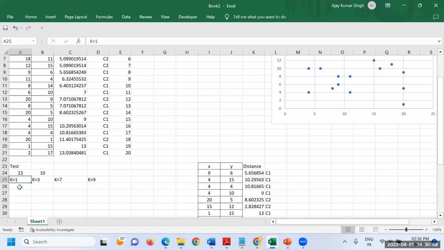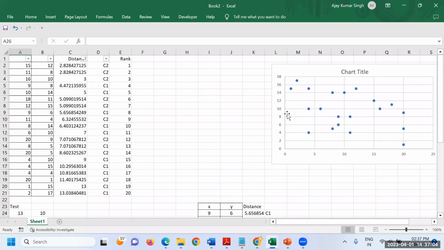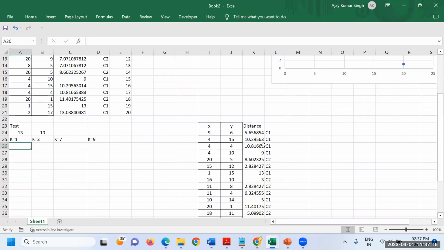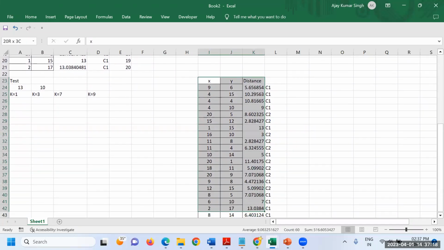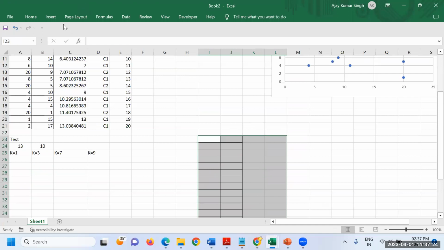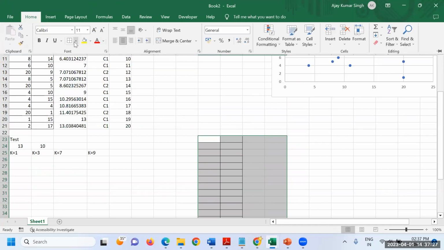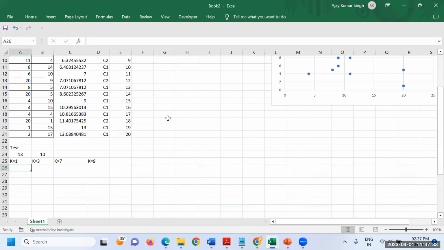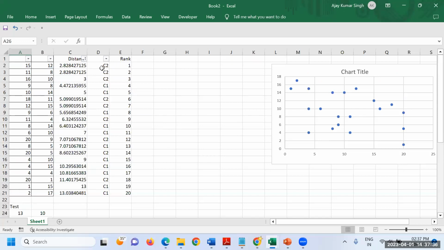When the value of k is 1, what is the nearest point of this 1310? 1310 is lying somewhere here, isn't it? So this point is lying in this class, that is C1, or it is lying in the C2 class. Now we are segregating that. So let's delete this output. Now, when the value of k is 1, in which category is it falling?